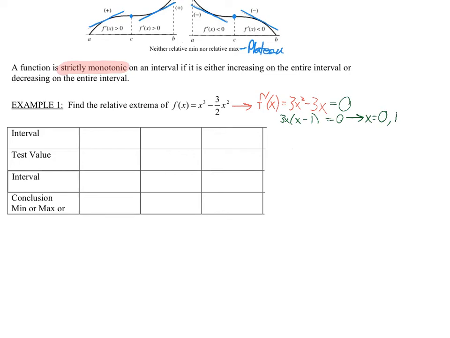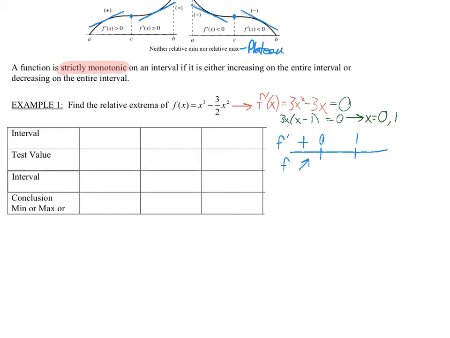So what I would do is set up my sign diagram with 0 and 1 here, f prime. If I plug a negative into my f prime, 3 times a negative is a negative, minus 1 is a negative, so I have a negative times a negative, which makes my derivative positive. So I know that my function is increasing.